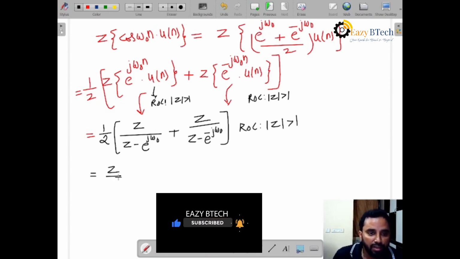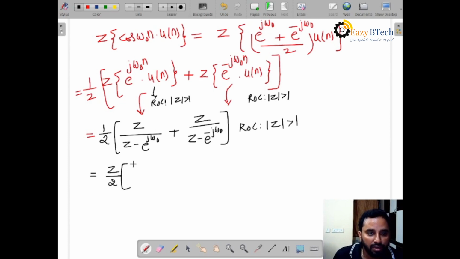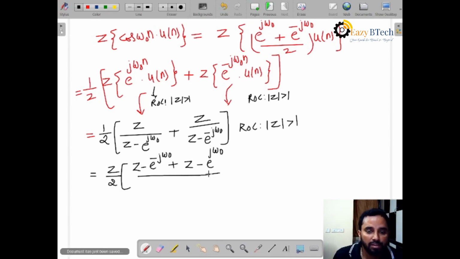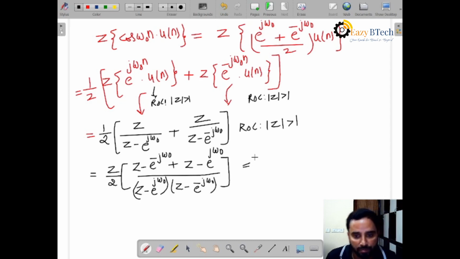So z we can take common from the numerator: z minus e power minus j omega naught plus z minus e to the power j omega naught, divided by the denominator z minus e power j omega naught into z minus e to the power minus j omega naught, right?